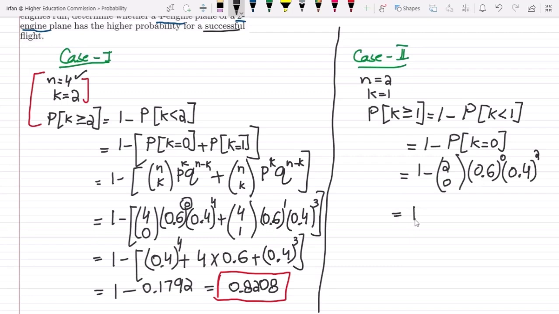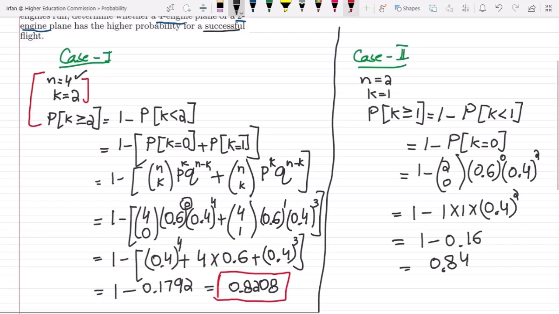Okay, so 1 minus 2 choose 0 is what? This would be 1, and here 0.4 squared. So it will be 1 minus 0.16, or the answer would be 0.84. So the solution is 0.84.